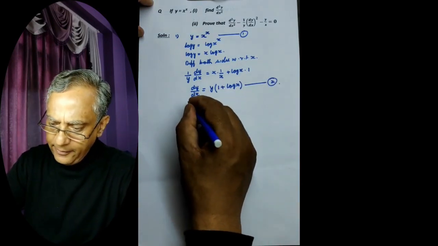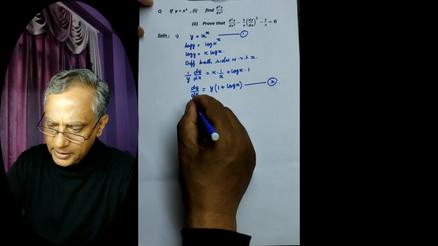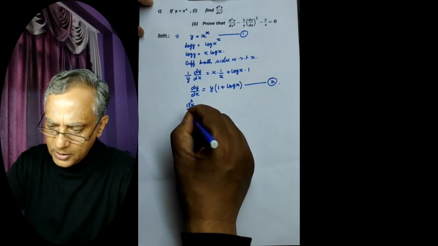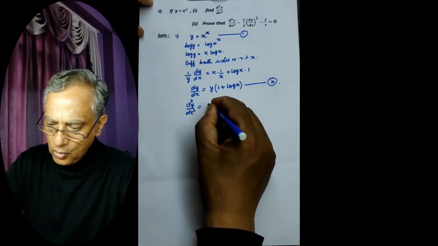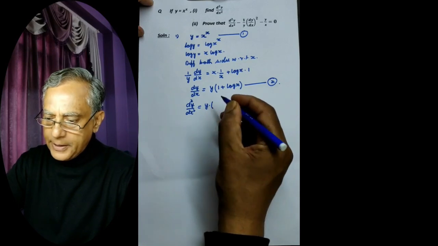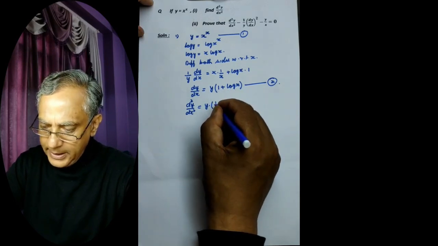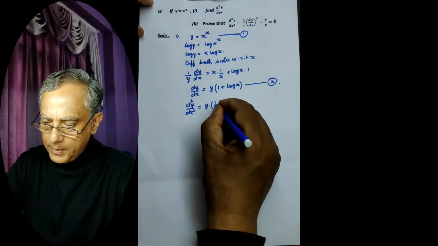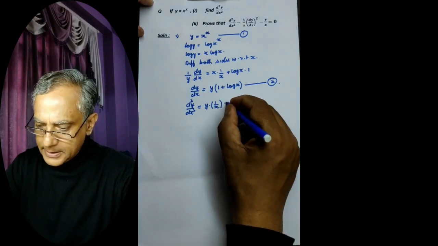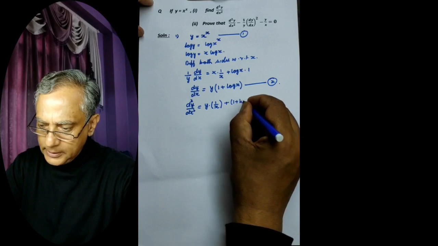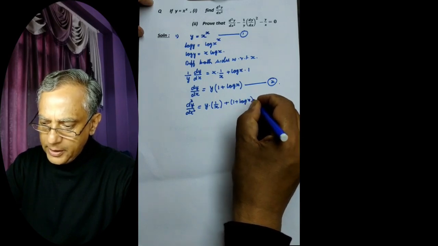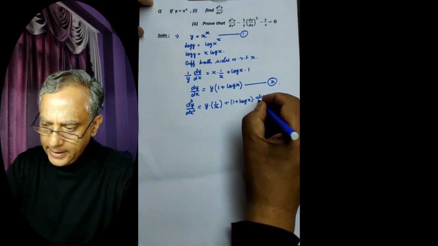Now to find the second derivative we will differentiate this equation. d2y by dx square is equal to first function into differentiation of second. Differentiation of 1 is 0 and differentiation of log x is 1 by x. 0 plus 1 by x plus 1 plus log x into dy by dx.